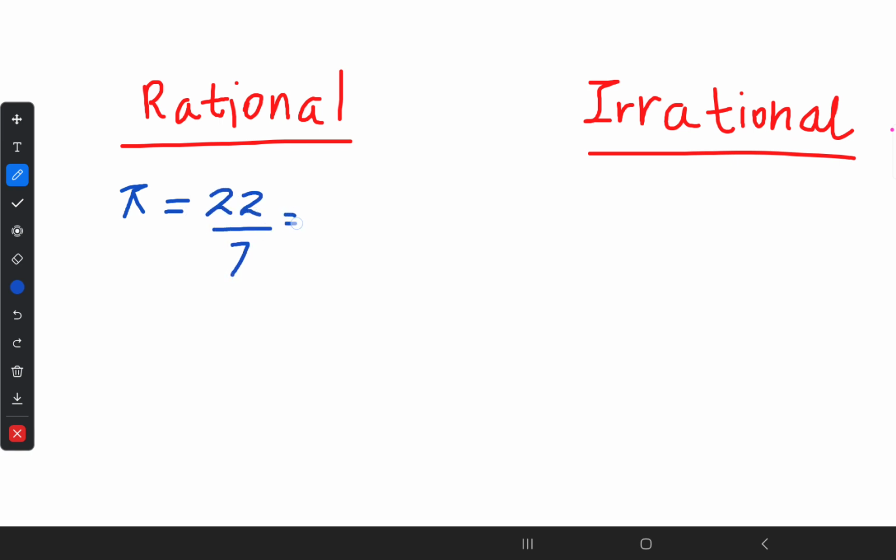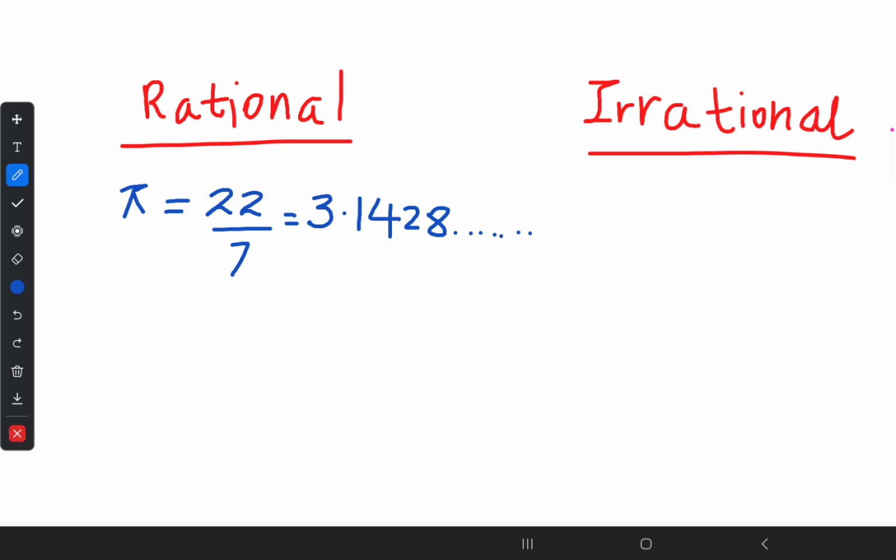When we need to find the decimal value of π, that would be 3.1428 something. We don't know where it finishes, but this is going up to infinite. These kind of numbers are called irrational numbers.